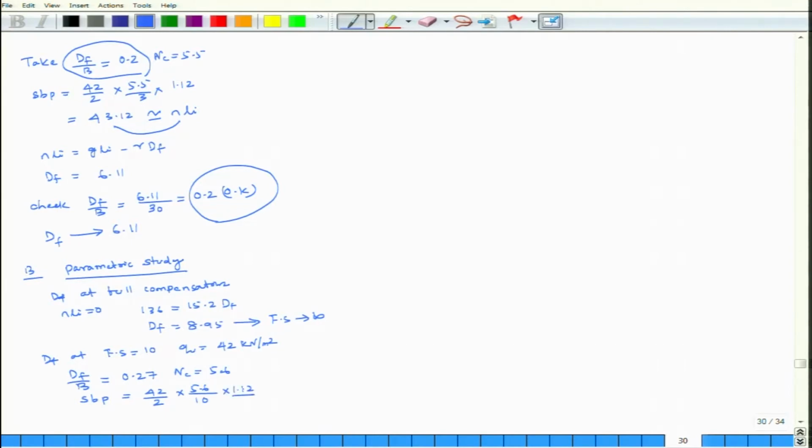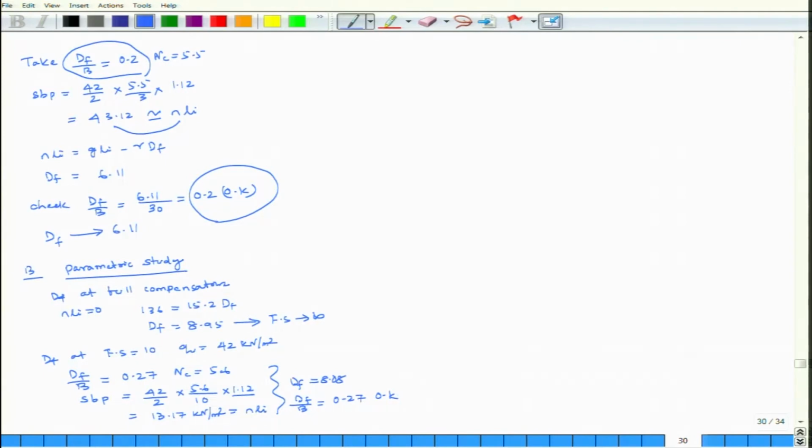This is your shape factor 1.12. That comes out to be 13.17 kilonewton per meter square, which is equal to net load intensity. So, considering this, your df is coming to be 8.08, and you can check it, df by B is equal to 0.27. It is okay.